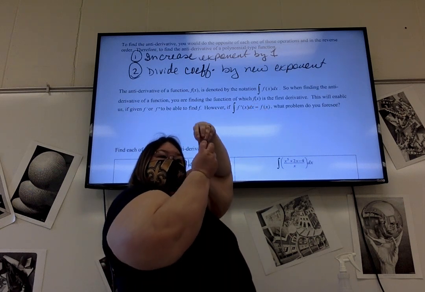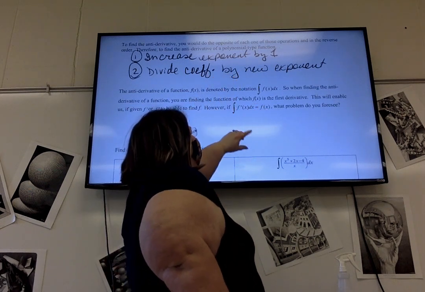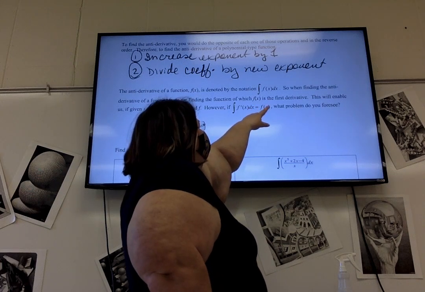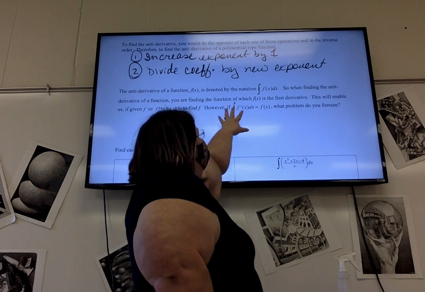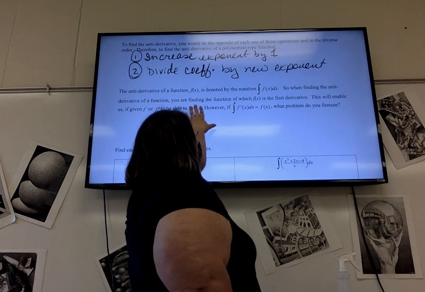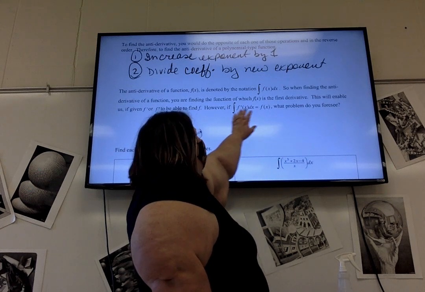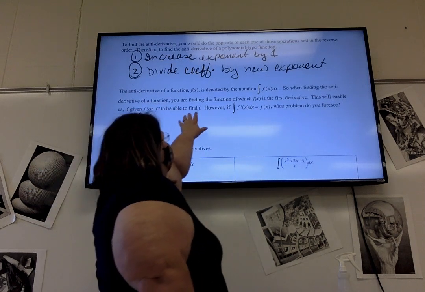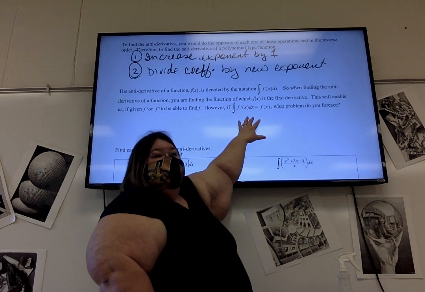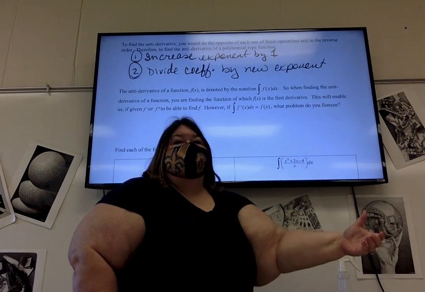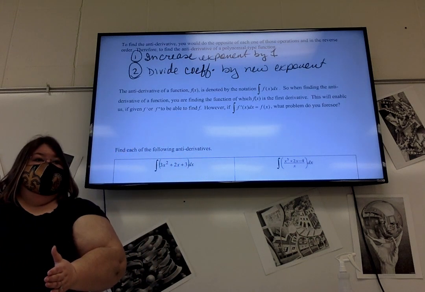It looks like an S that's kind of pulled out. A music note. It does look like a music symbol. When you find the antiderivative, you're finding the function f of x, of which f prime of x is the first derivative. It allows you to go back. If you were given the derivative, you can find out what you had to begin with.